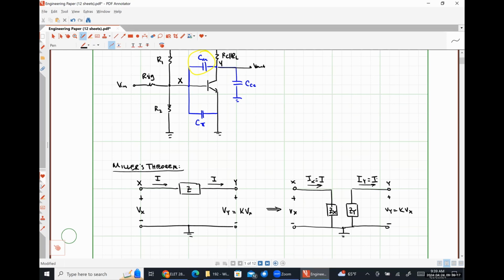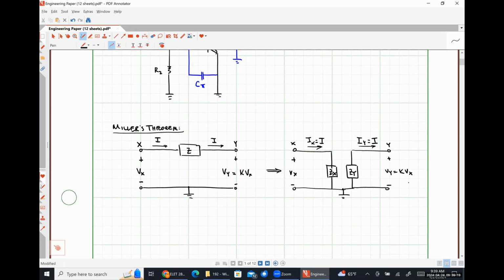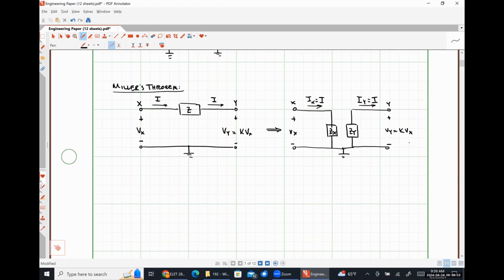So let's look at this current Ix. Okay. So Ix, to me, looking at our right-hand circuit, simply looks like the voltage Vx divided by the impedance Zx, right?